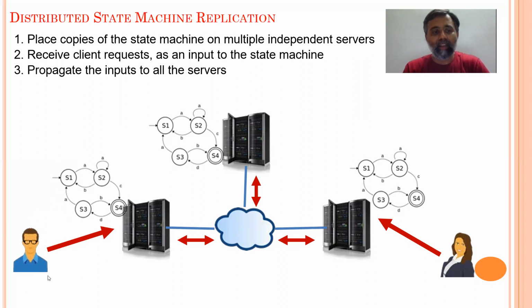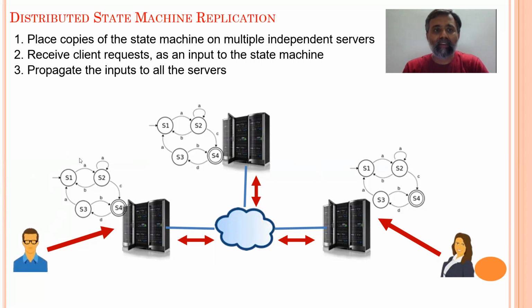Whatever request the network receives will be treated as an input. Then we know state, input, transition, and the output. So the client request will be considered as input in this state machine replication model.